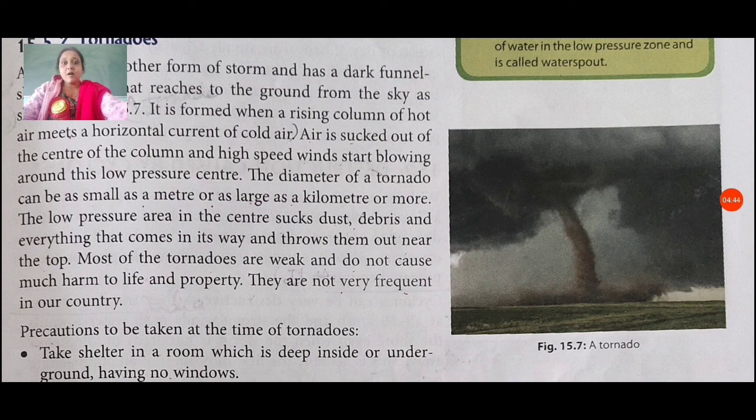Air is sucked out of the center of the column and high speed winds start blowing around this low pressure center. The diameter of a tornado can be as small as a meter or as large as a kilometer or more. The low pressure area in the center sucks dust and everything that comes in its way and throws them out near the top.